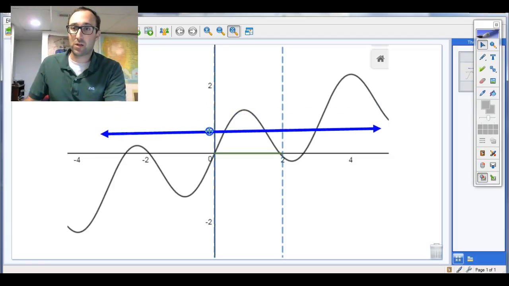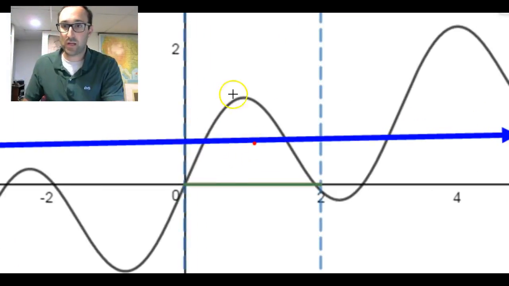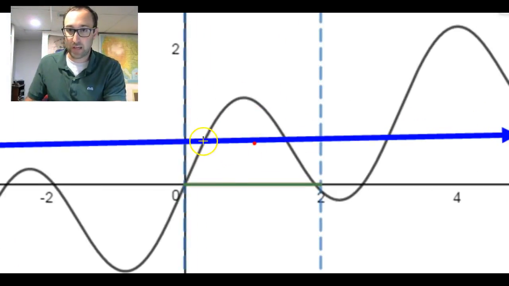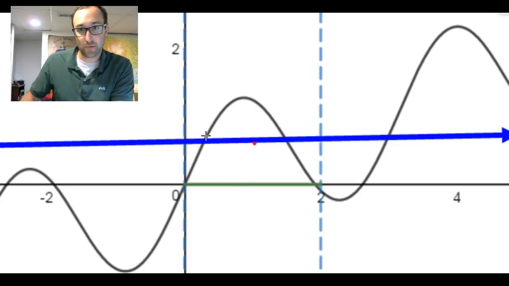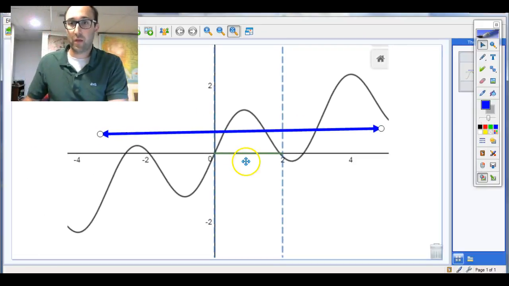If I move it down here, we can say this is a local secant line right in this area, right? Because a secant line touches the graph in 2 points, just like in geometry. So this would be a secant line because it goes in 2 spots. All right, so there you go.